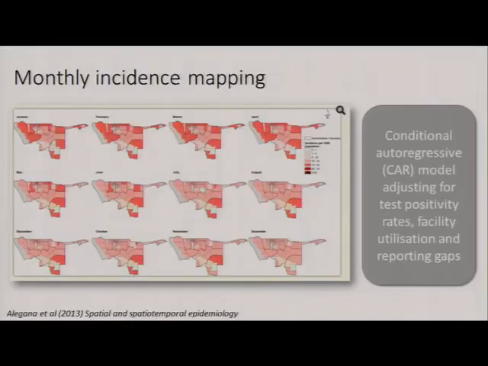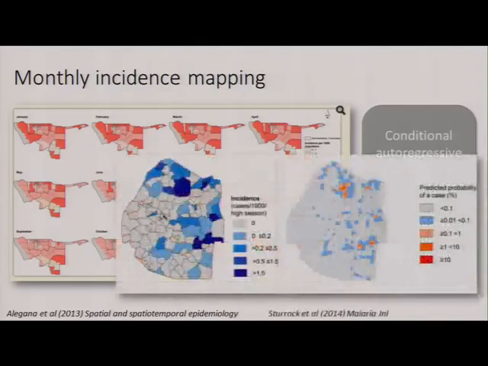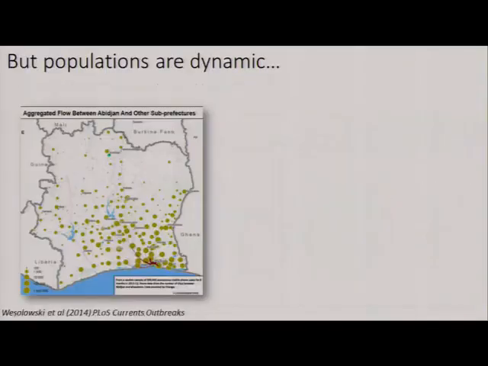And ultimately turning that through a conditional autoregressive Bayesian model into mapping actual monthly incidence, a much more useful metric for those countries that are getting down to low levels of cases. Just a quick advert for Hugh Sturrock's paper that just came out yesterday as well, doing something similar for Swaziland.